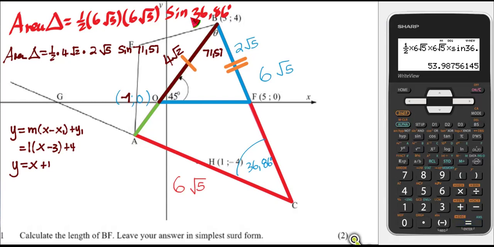This is the area of the red one, meaning the red one will be 53.99.